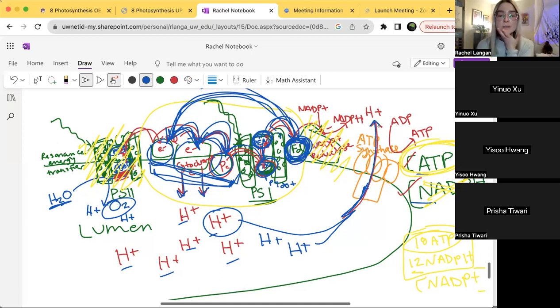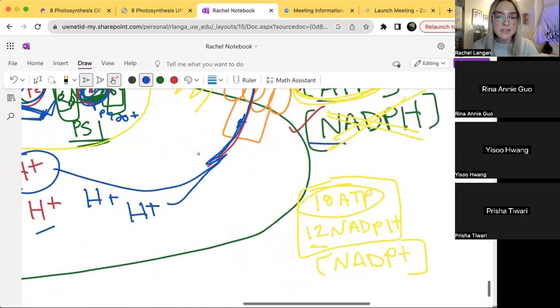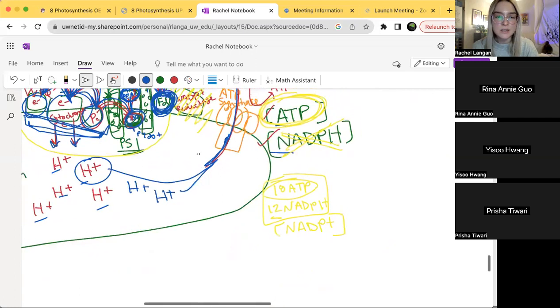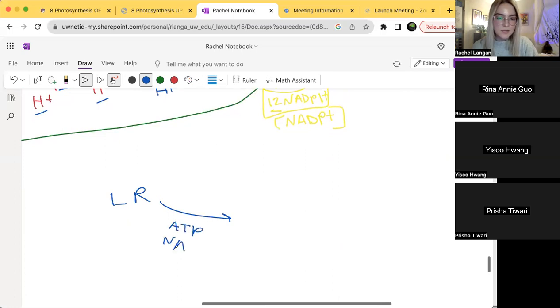All right, other questions? Could you speak about the feedback loop of this? For example, if there's too much NADPH going on, or too much ATP, how does that affect the rest of the system? Yeah, the only thing you need to know about that is if you have too little NADP plus, that's going to cause cyclic to turn on. And the other thing you need to know is the light reactions produce ATP and NADPH for the Calvin cycle.